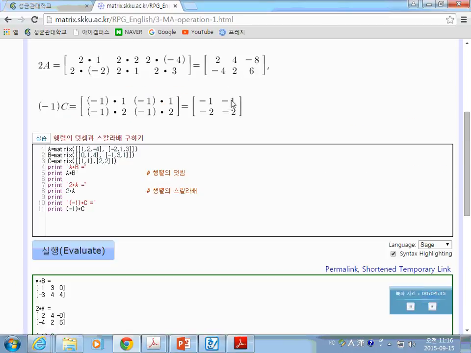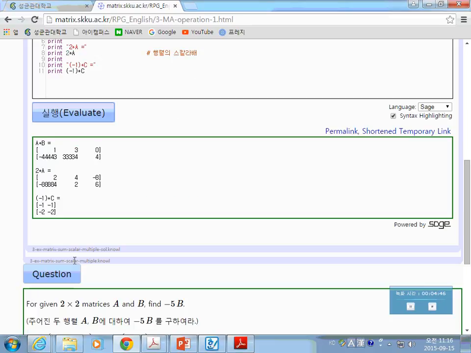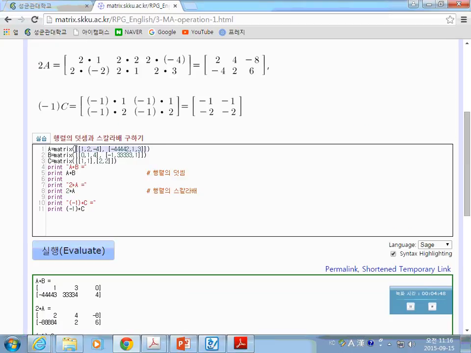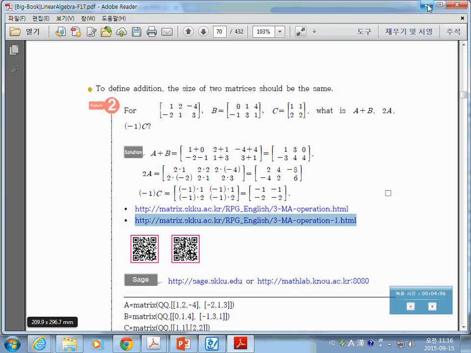Like you see here, 2, 4, minus 8, minus 4, 2, 6, like this. If we change the numbers here, then we will have different answers. If we change the size of these matrices, this computation also works if the sizes of the two matrices are the same.